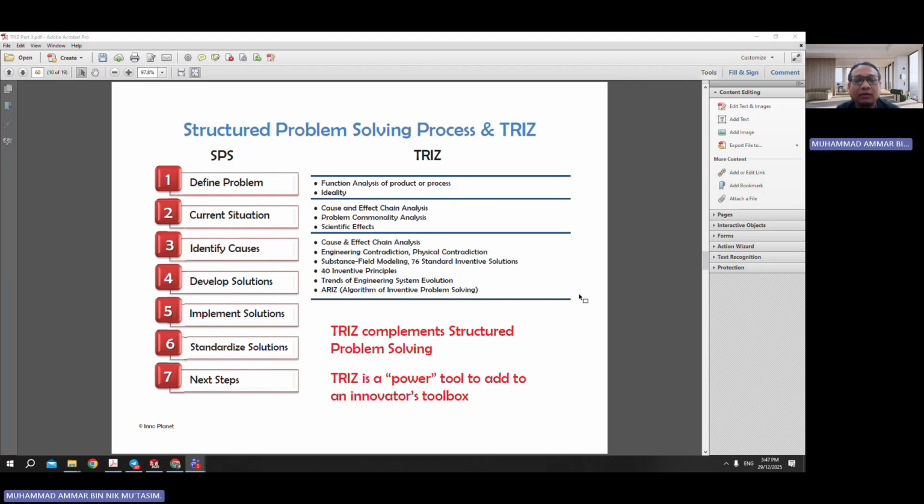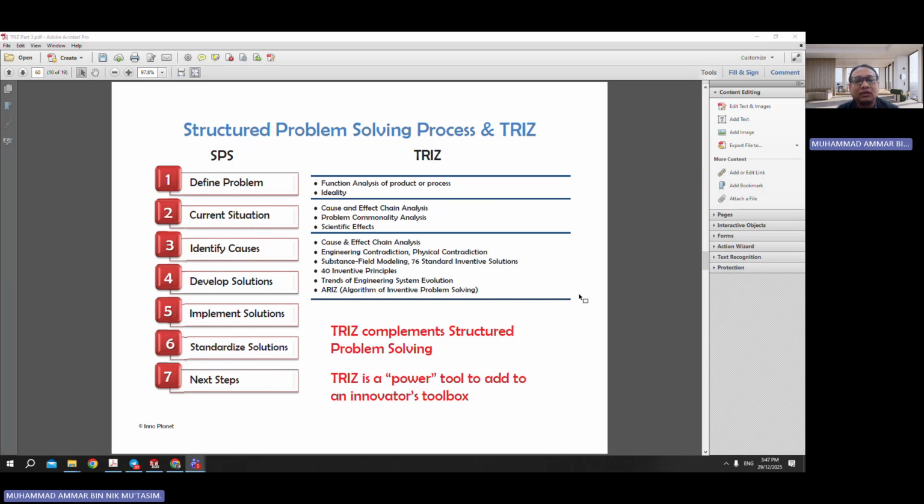However, these important aspects in TRIZ are not all fully covered. For this class, we will cover the cause effect chain analysis, engineering contradiction and physical contradiction, as well as the 40 inventive principles. Apart from that, you need to study more to understand what TRIZ is all about.